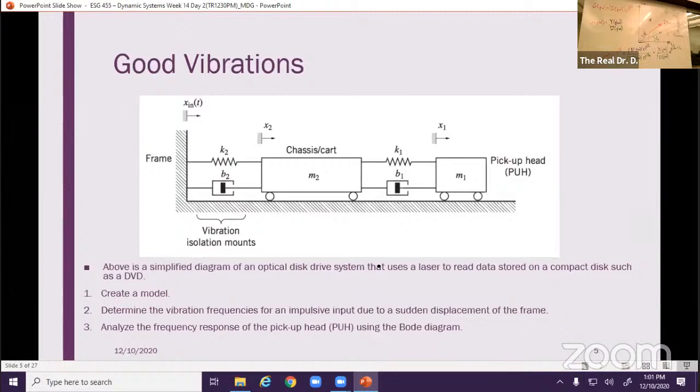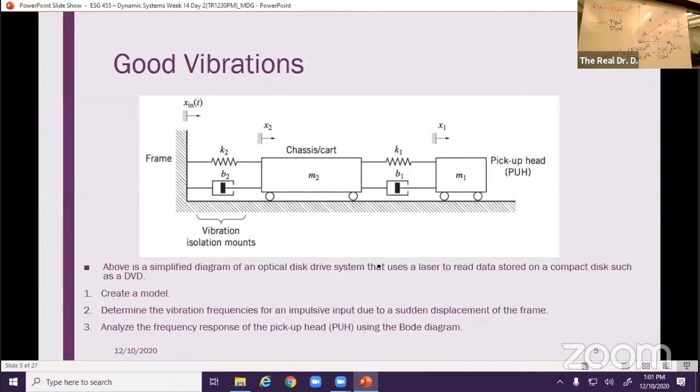Why? Because you want to be able to run with your CD player without it skipping every step that you take. Or maybe you don't want to run with it, maybe walk lightly. But all right, anyway. What we want to do is create a model of this system.